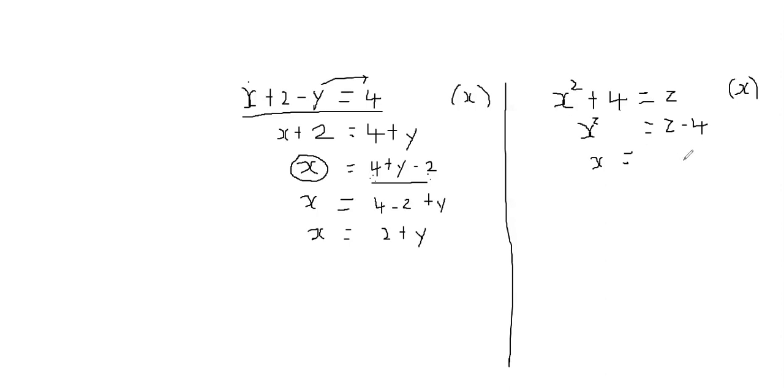Everything on the other side. So we square root z minus 4. This is how you put it, and not like square root z, square root 4. No, that would be incorrect.